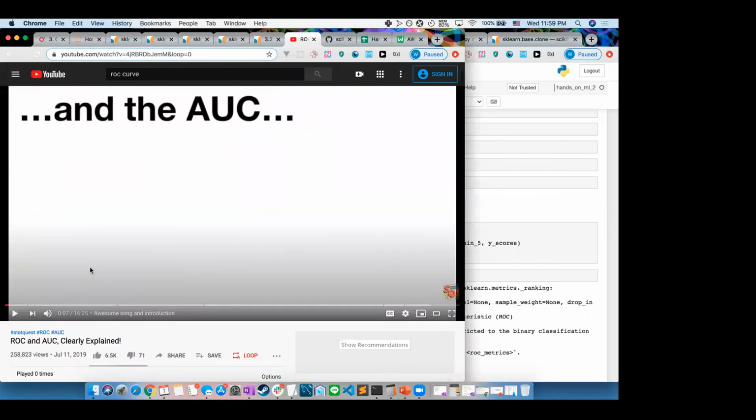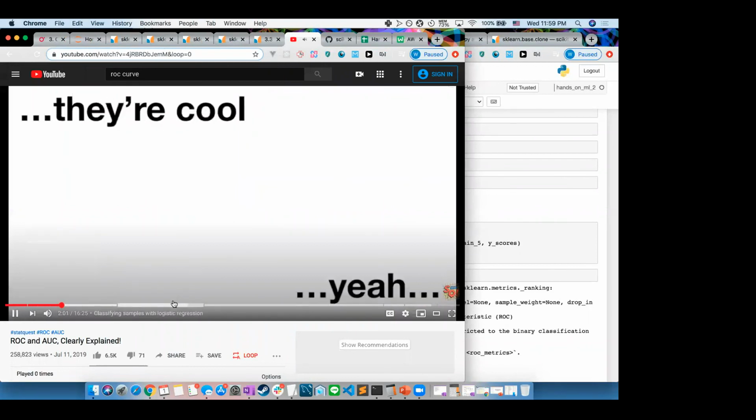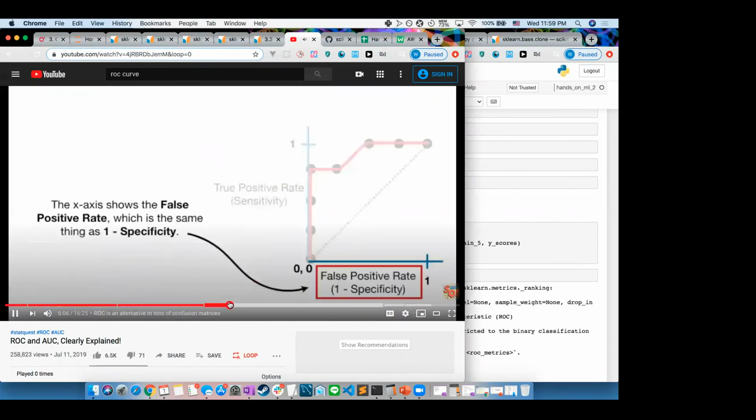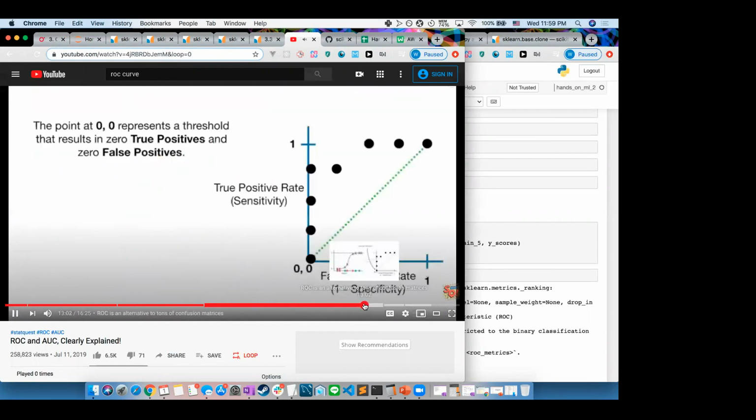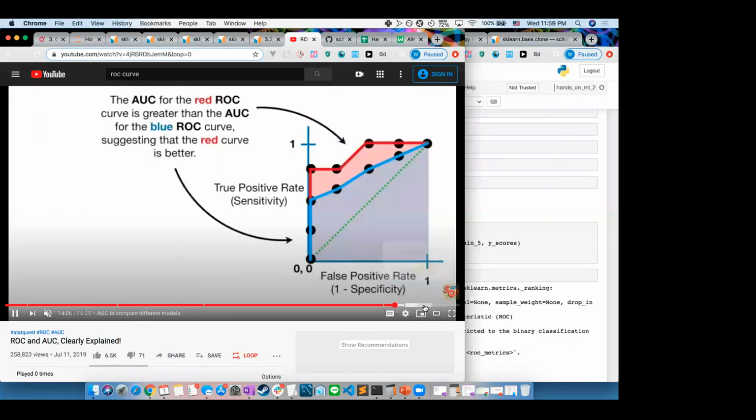Yeah, and they have a ROC and AUC video, and it goes through everything and what it means to be right here at the ROC curve, what it means to be here, what it means to be there. It also explains what it means to use AUC, the area under the curve.